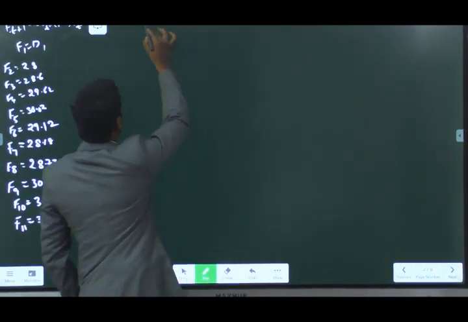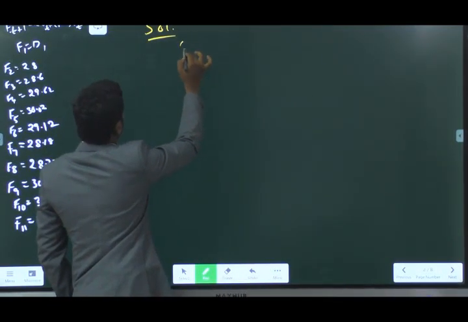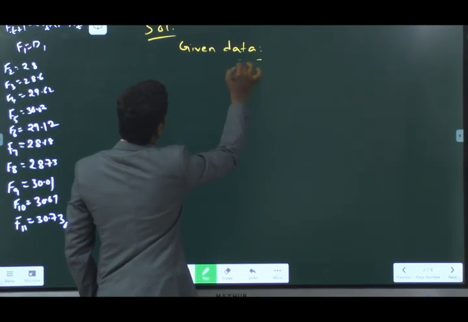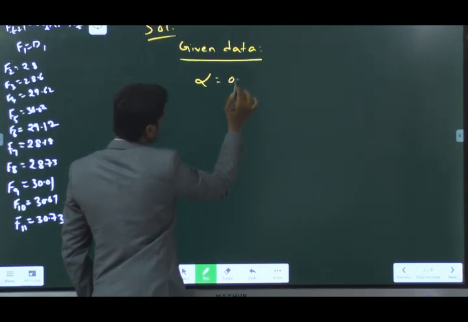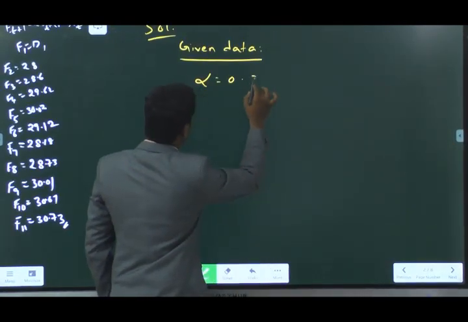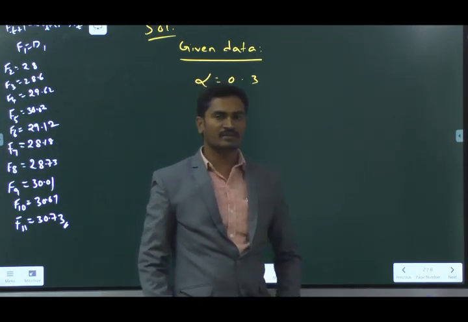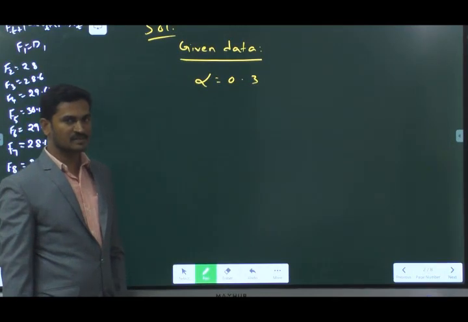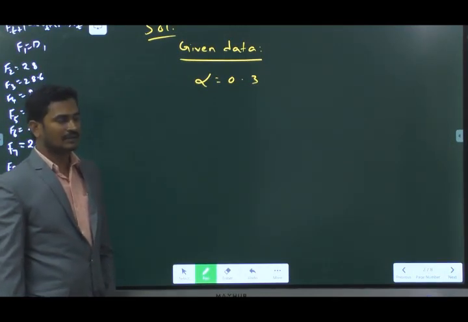Here the given data is alpha, the exponential smoothing constant, with the value 0.3, and they have given the demands month-wise. With the help of the exponential smoothing method, we calculate the forecast.